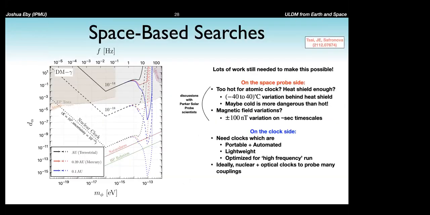We also think that a nuclear clock would be especially useful for our purposes because it's sensitive to multiple couplings and with very high sensitivity. Though it might be a cost and weight issue on the other side, right? Nuclear clocks are very new and cutting edge. It may be very risky to try to put one in space in the near future. So we might be stuck with optical clocks, which are also interesting.